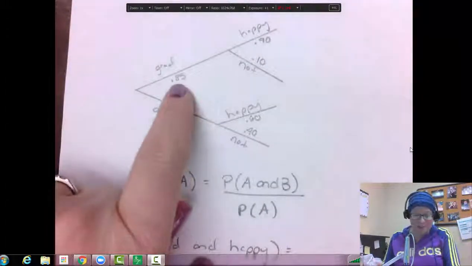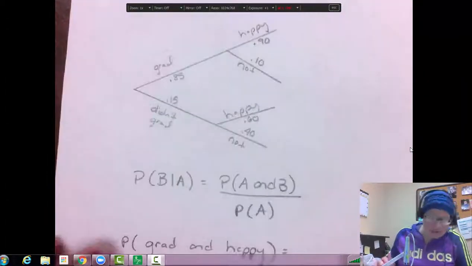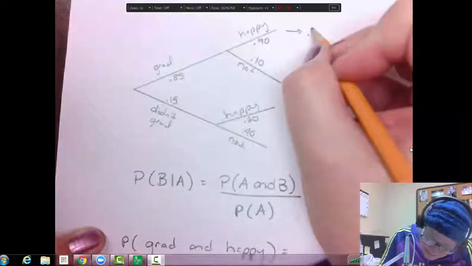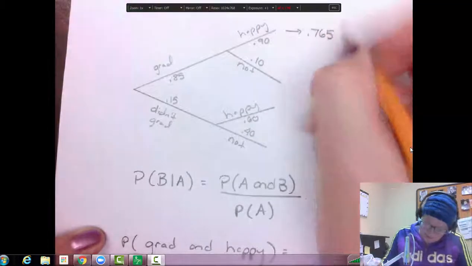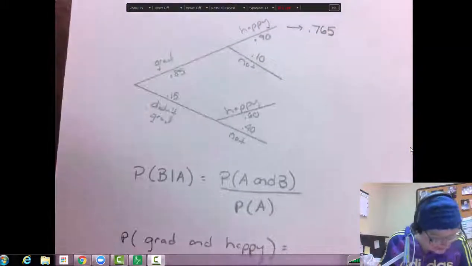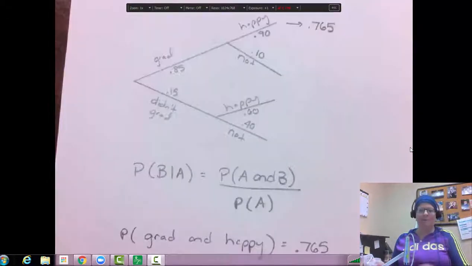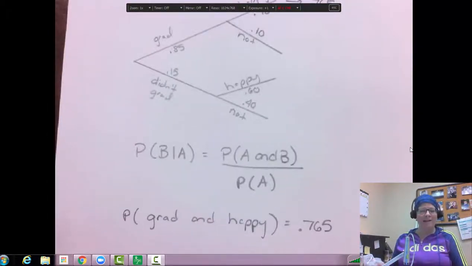So we'll take this one times this one, which is going to give me about 0.765. So about 76 or 0.765 percent of people are graduates and happy. So 75% or 77-ish percent.